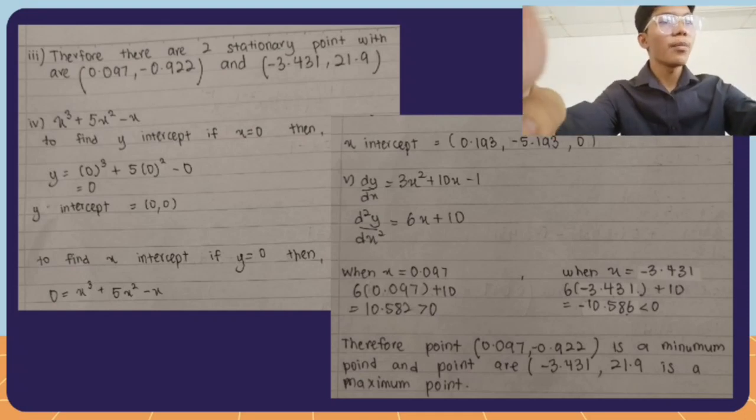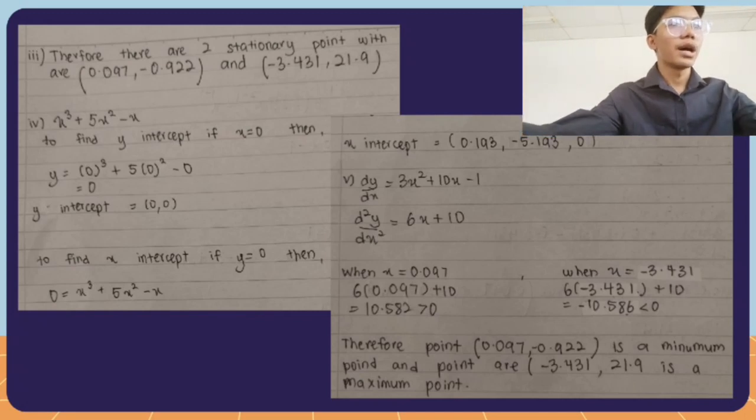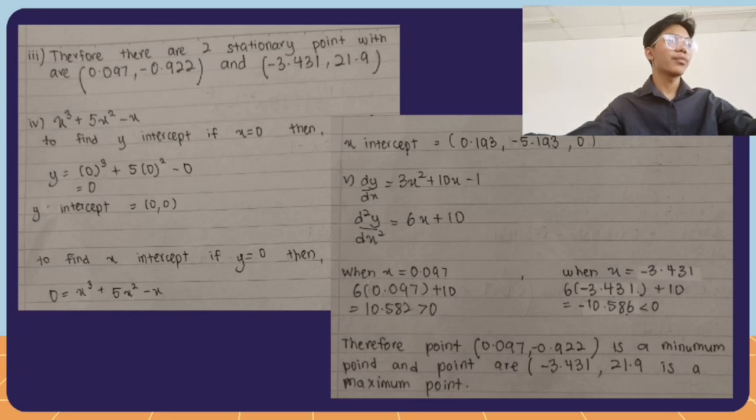For the more point, (0.097, negative 0.922) is the minimum point, and the point (negative 3.431, 21.8) is a maximum point.